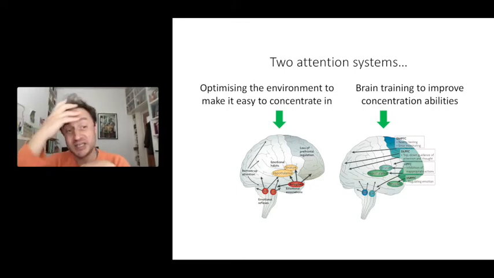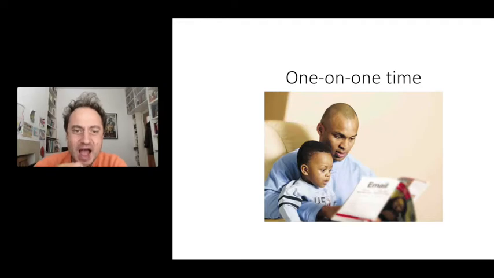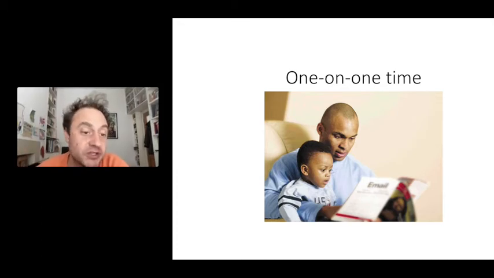And secondly, we can think about top-down attention, and talk about brain training to improve concentration abilities. And then I've also put in a bit about some research that I've been doing more recently on shared parent-child attention, so how children concentrate differently in the presence of an adult. So that's three different ways we're going to be talking about to potentially improve concentration in kids.